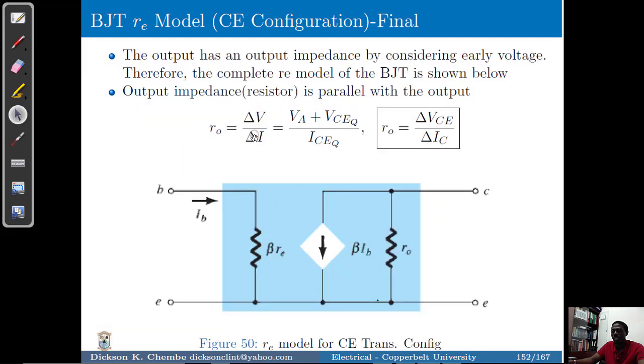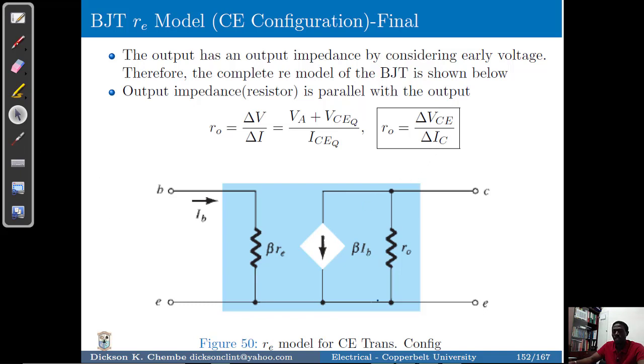And when we look at it, we've got the output impedance or output resistance, which is RO, which is obtained by the rate of change of the voltage over the rate of change of current. And it can be approximated to be equal to the rate of change of the collector-emitter voltage over the rate of change of collector current.